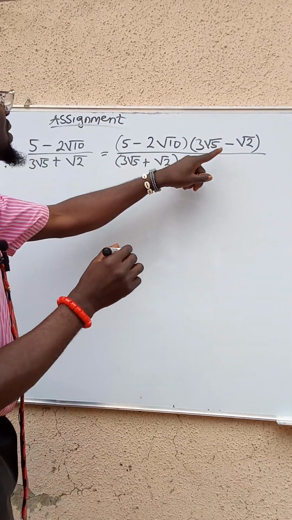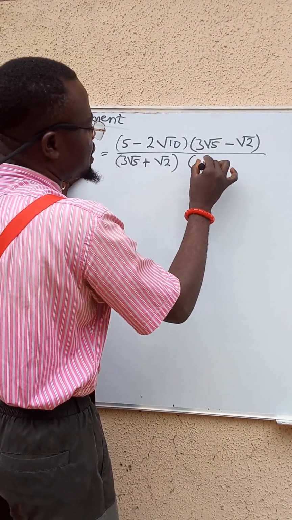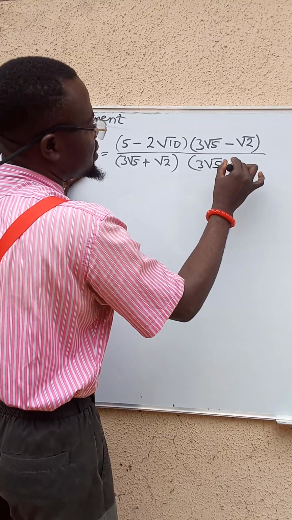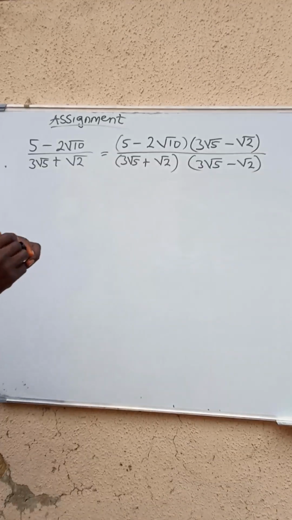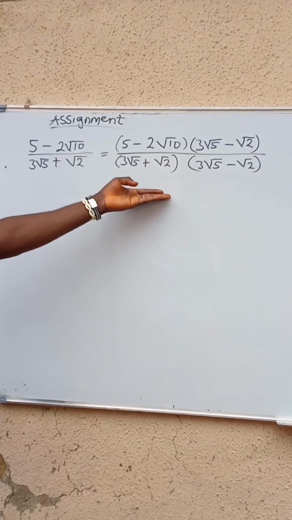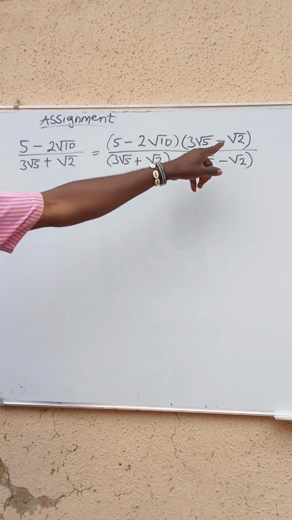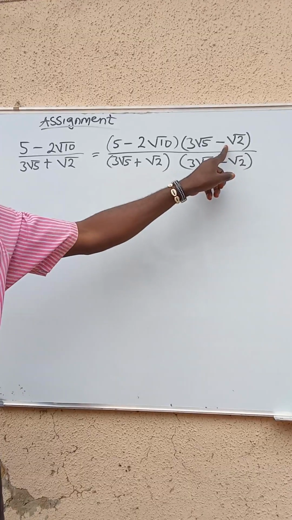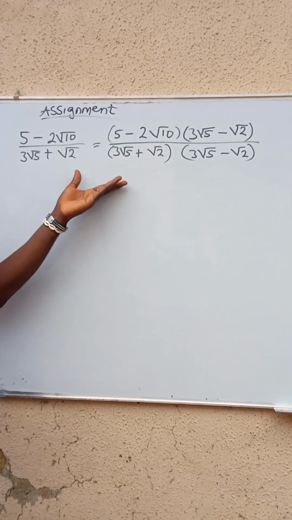Then you multiply with the same, the conjugate of this, 3 root 5 minus root 2. Whatever you do to the numerator, you do to the denominator. If this is plus, the conjugate of it will be minus, and if this is minus, the conjugate will be plus. So this is how we do rationalization.